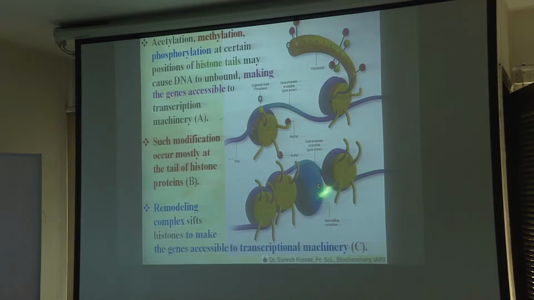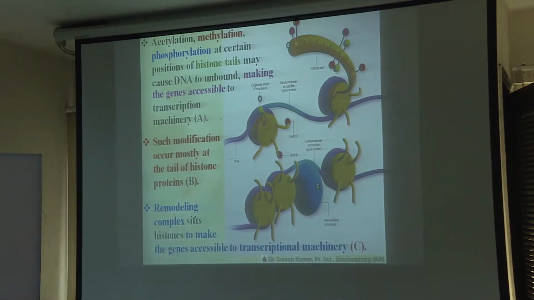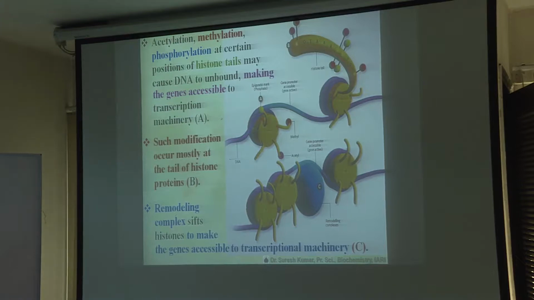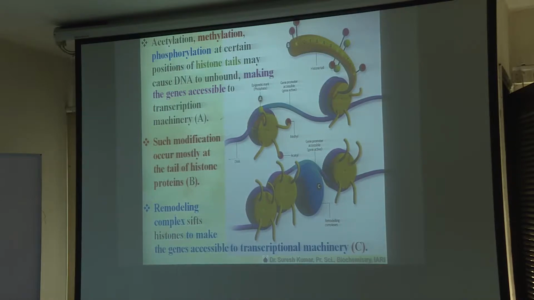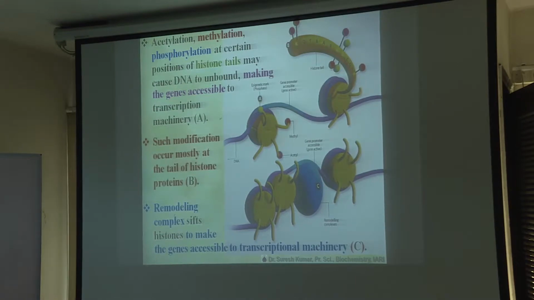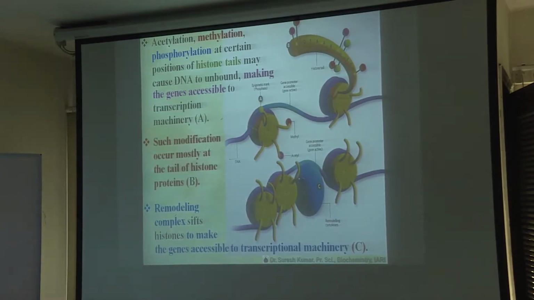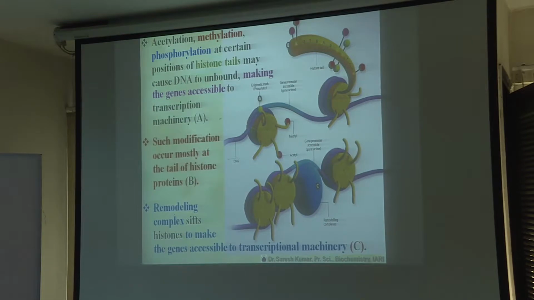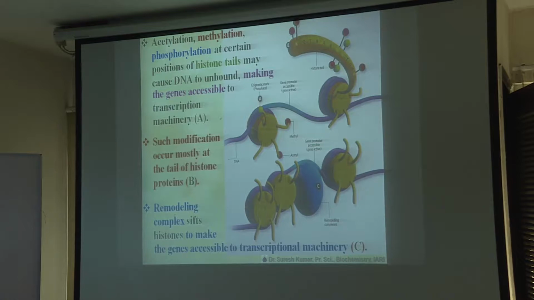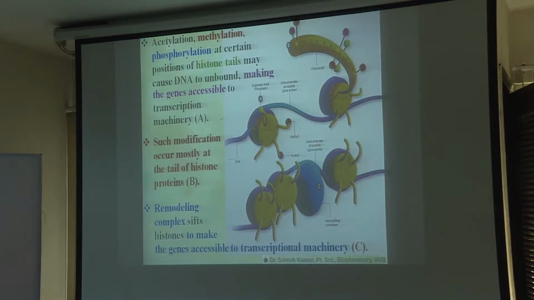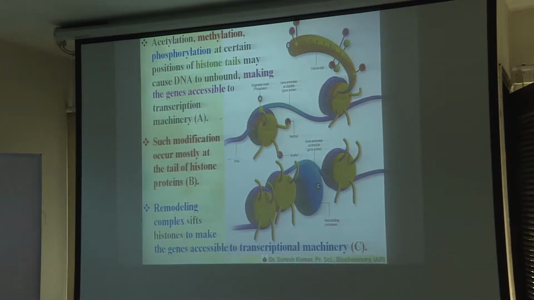And then there are remodeler proteins which will bind to the linker DNA, the DNA in between two nucleosomes, and once this binds here, it will ask the nucleosome to move, making this particular DNA free for transcription. So, this is going to help in the transcription process. They are all going to help in expression of the gene.